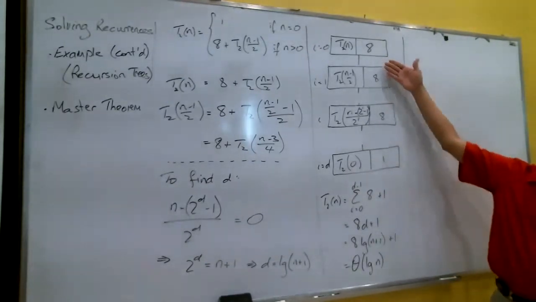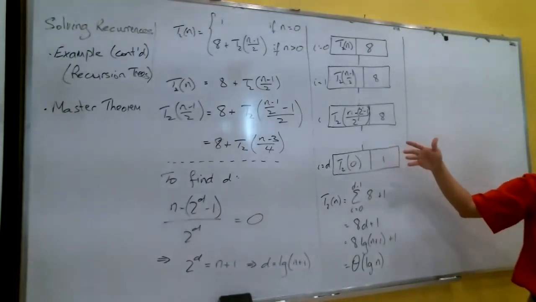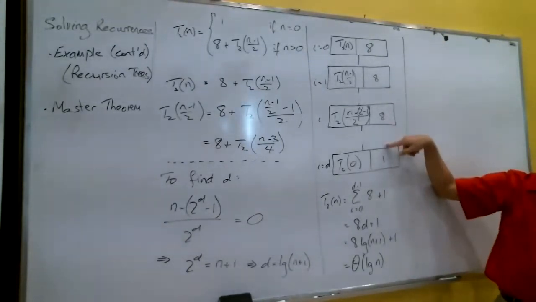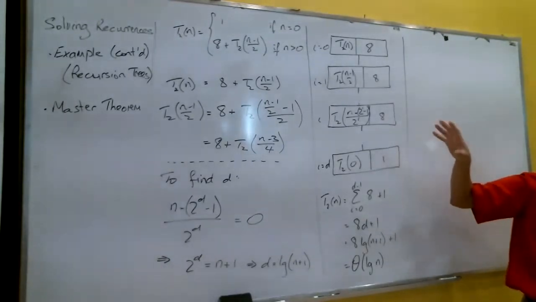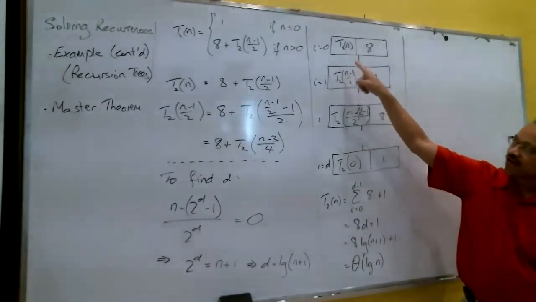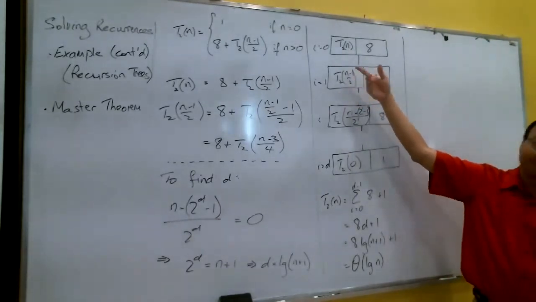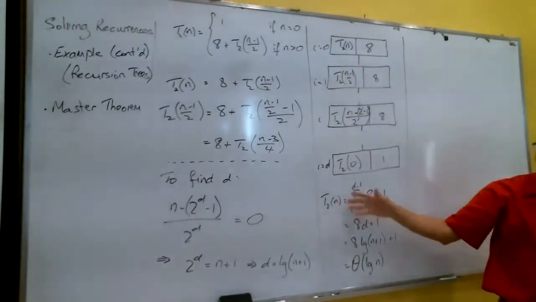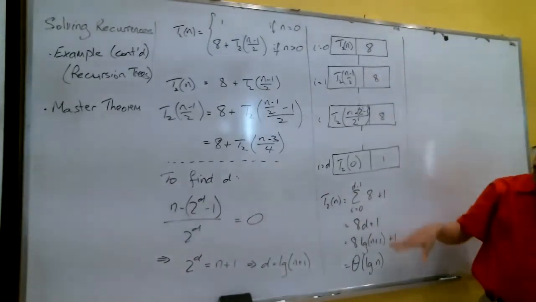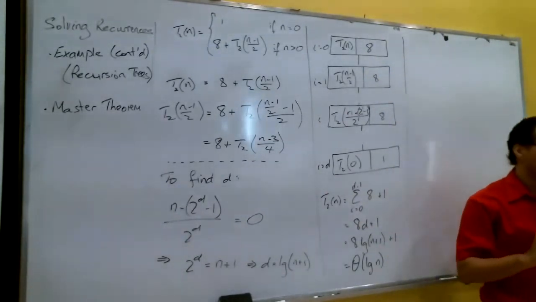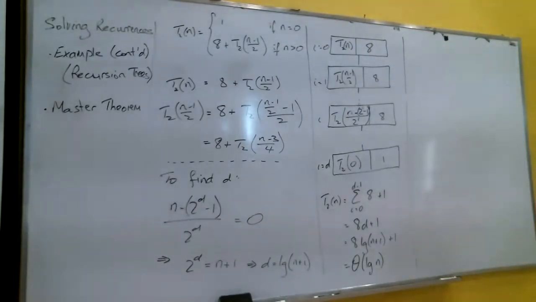We still had a tree that looked linear like this, but notice that the height of this tree was much, much shorter. In the other one, I would have had a node for every value of n, that's how many nodes I would have had, plus 1 more. In this one, I'm going to have only logarithmically many nodes.